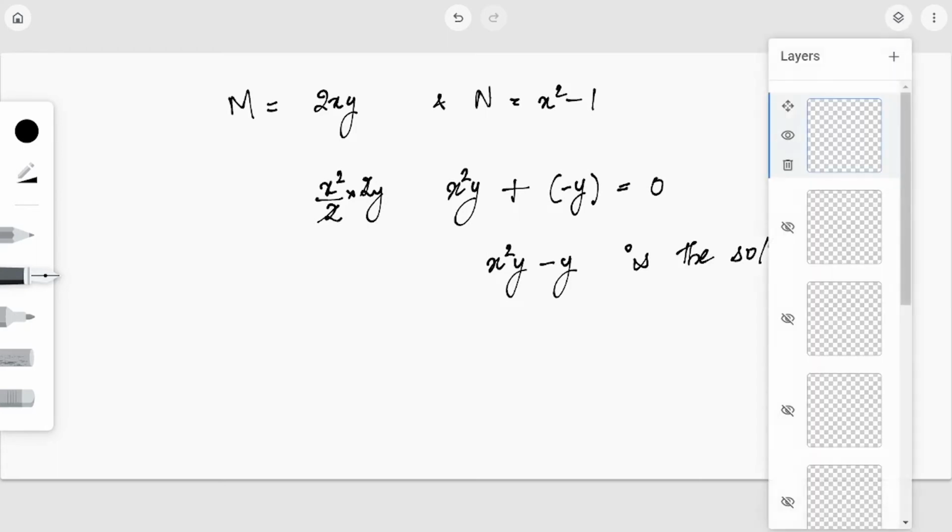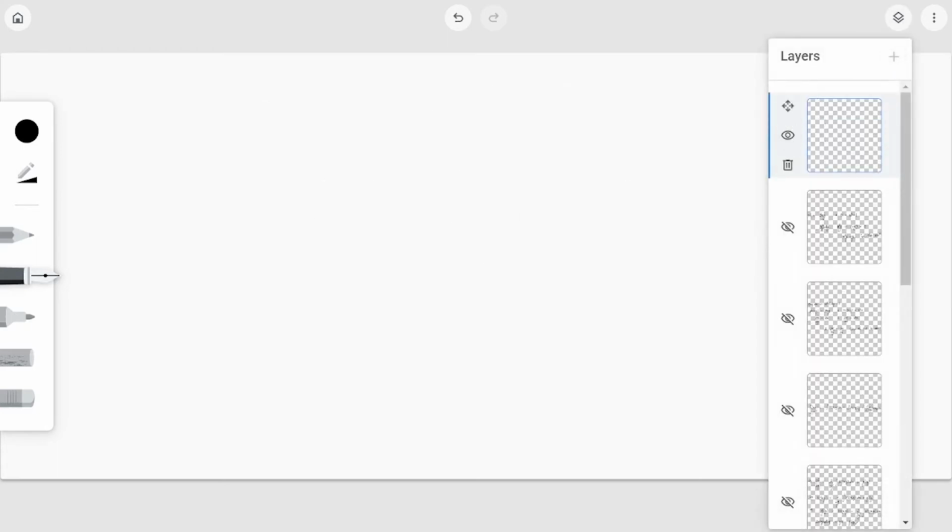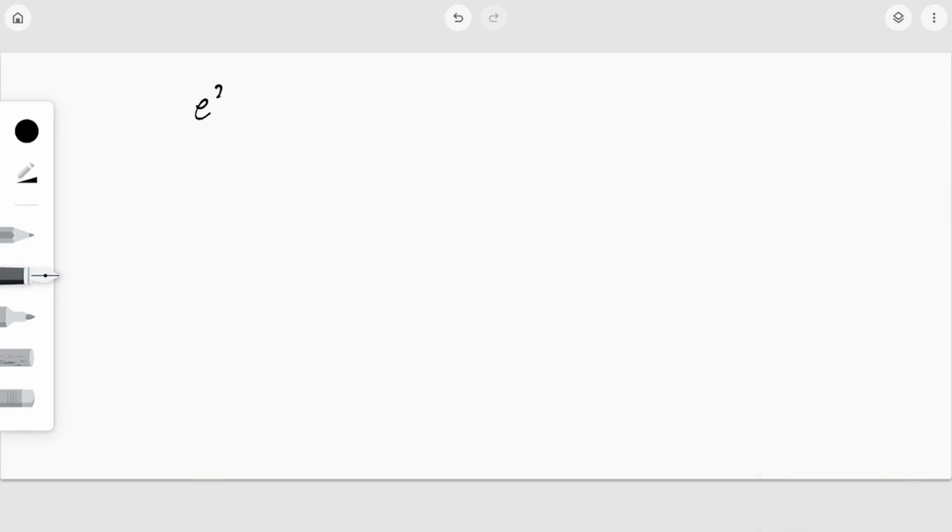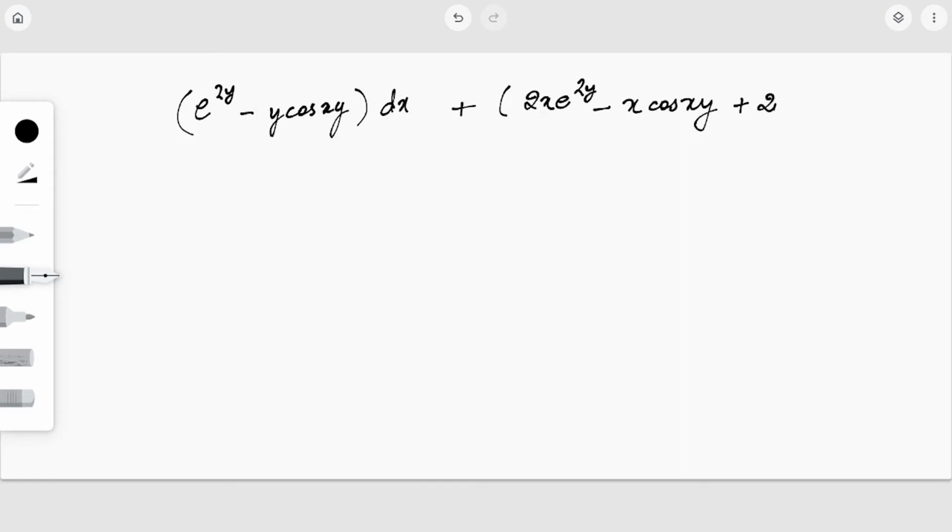Okay, let's do another example which is given: (e raised to 2y minus y cos xy) dx plus (2x e raised to 2y minus x cos xy plus 2y) dy is equal to 0.